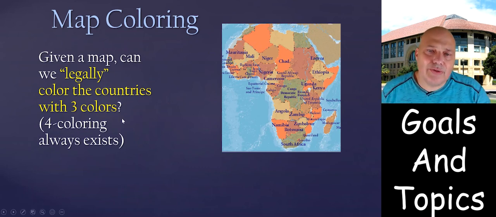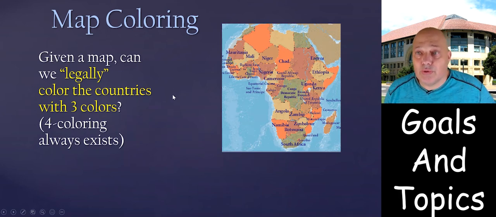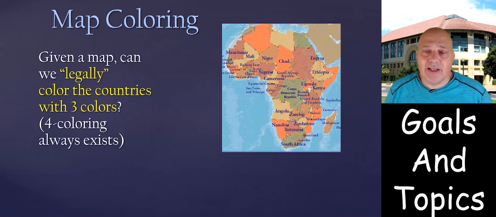And this is the notion of map coloring. So here is a computational problem. You're given a map, and you want to color it because you want to be able to separate the different states, the different countries, very easily. So a legal coloring is one where a country is not bordering another country with the same color.